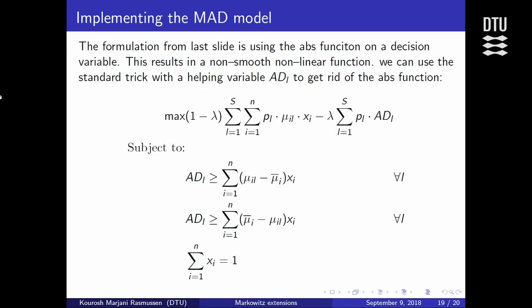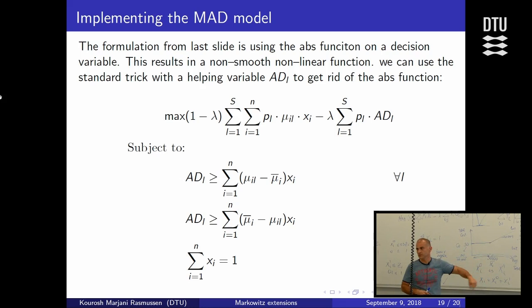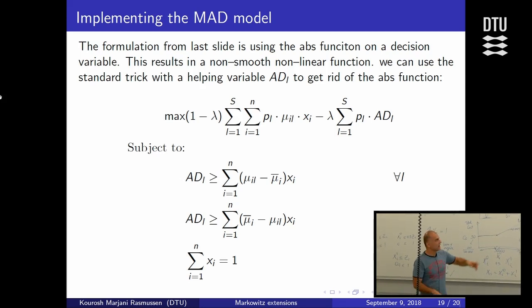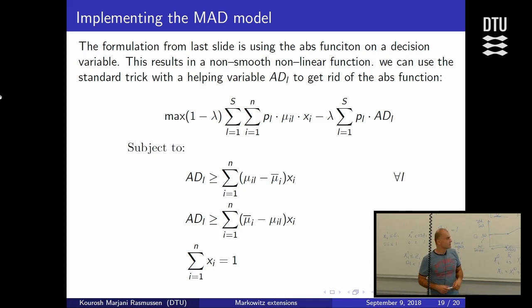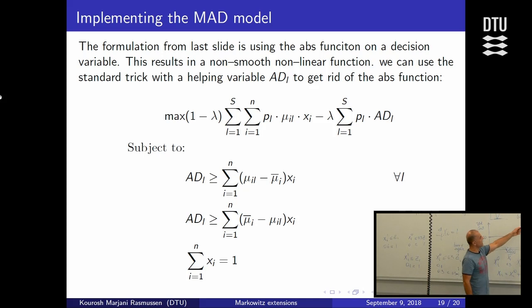If you have minus 2 in the one, you have plus 2 in the other, and vice versa. By saying AD is greater than or equal to both, if you had minus 2 and 2, then AD would be greater or equal to 2. That is exactly the trick. That's exactly what the ABS does.